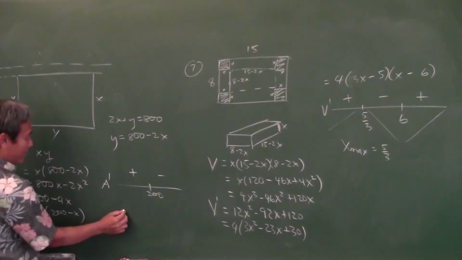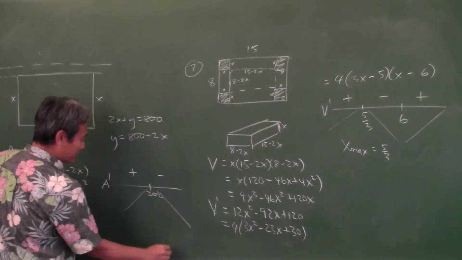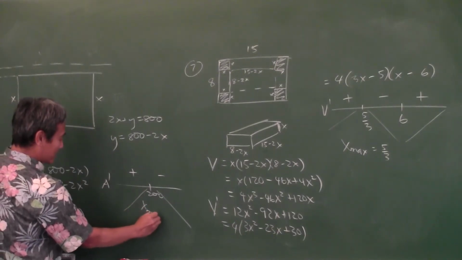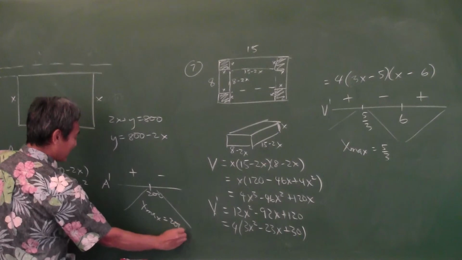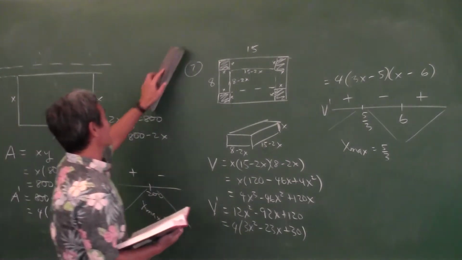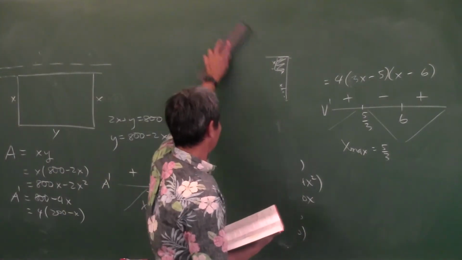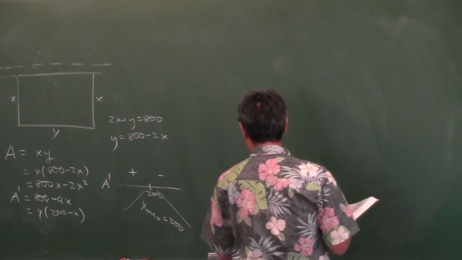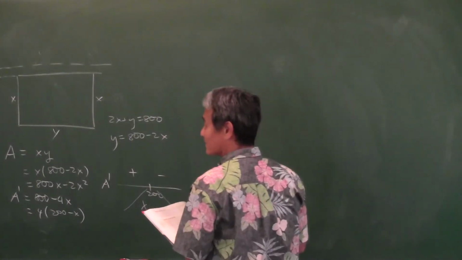So therefore, the area is increasing and then the area is decreasing. So maximum area occurs right there when x is 200. And then I will let you answer the question again. Come on, now it was simple. What's going to happen when we get to the harder ones when you have to use similar triangles and stuff?